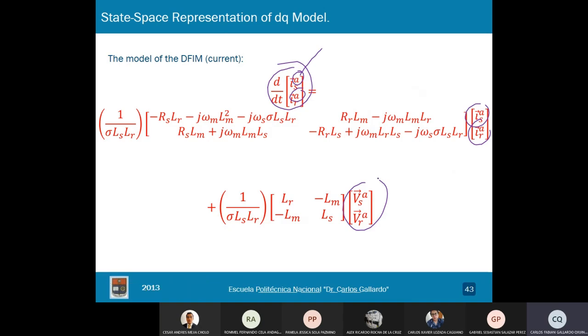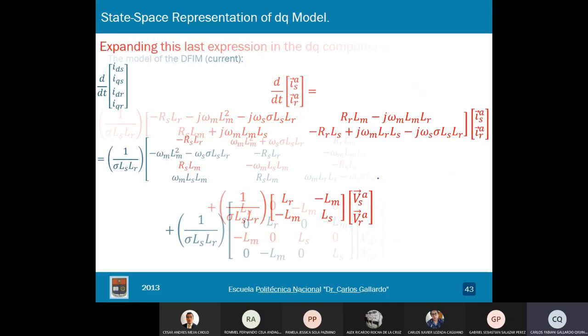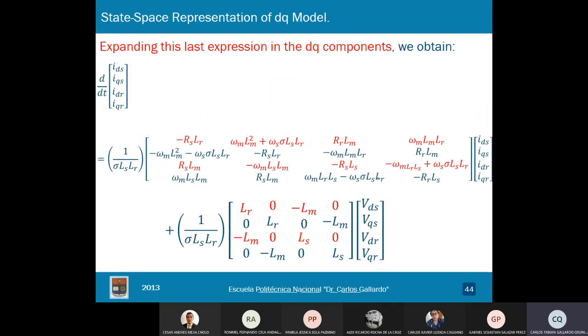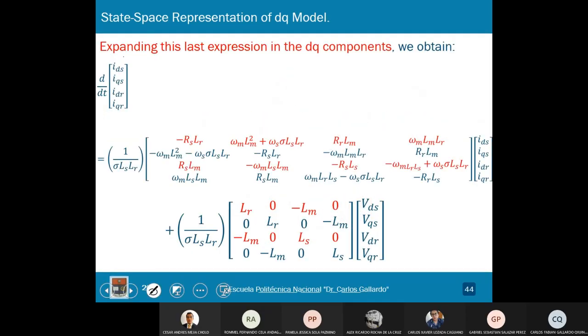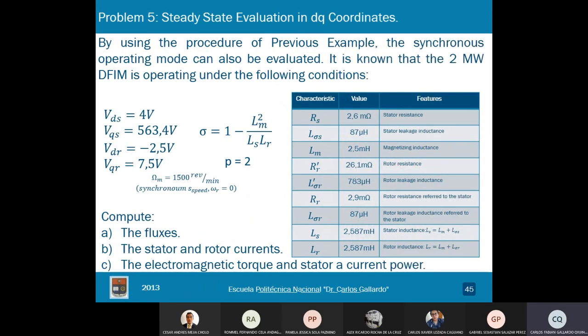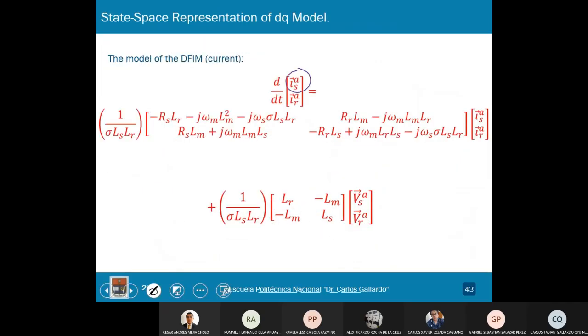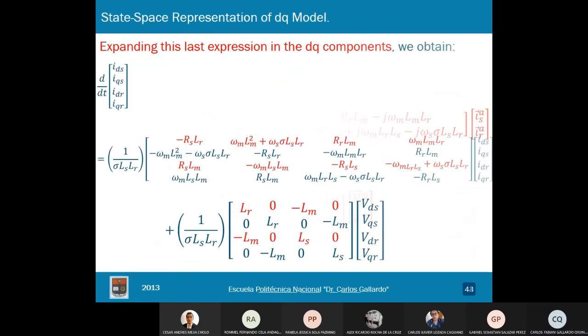Therefore, splitting up in two components, I will get this current in the DQ reference frame, in the DQ coordinates. The same for the other currents and the voltages.